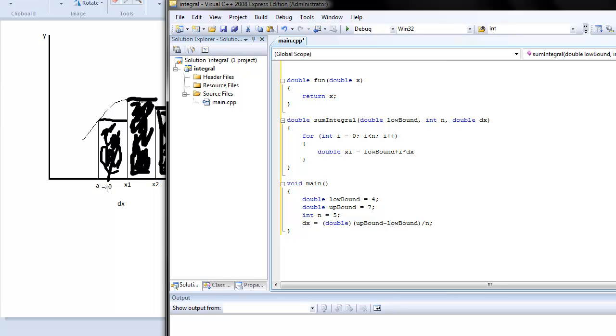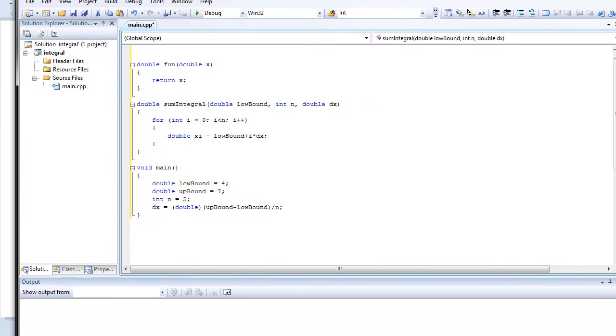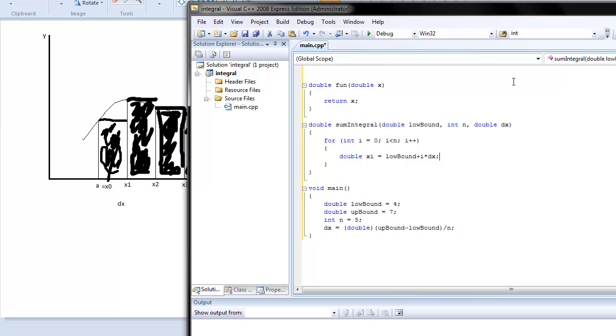Okay, so this will give us in every loop the number x0, x1, x2, and so on. And the last thing that remains to be done is to evaluate the function. So we call this function, evaluate it at xi, that will give us this point, and we multiply the height by the length of the interval, which is dx.